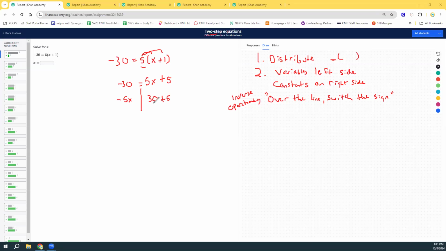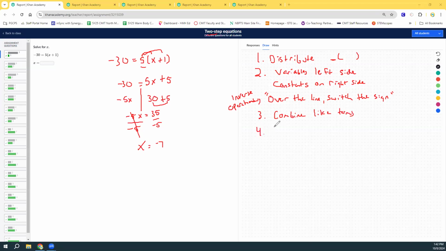It makes things faster. So 30 plus 5 is 35. Bring down the negative 5x. And then divide both sides by the coefficient of x. That's our other inverse operation. And that would be negative 7. So then solve. Oh, actually, I should say combine like terms.